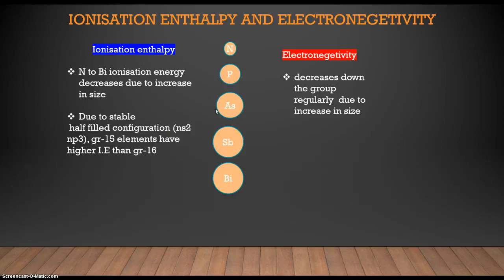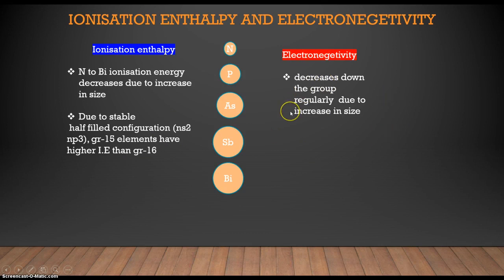In class 11 we learned that half-filled and fully filled shell configurations are very stable, and for this reason it's very difficult to take out one electron from the outermost orbit of these group 15 elements. So group 15 elements exhibit a higher ionization enthalpy than group 16.